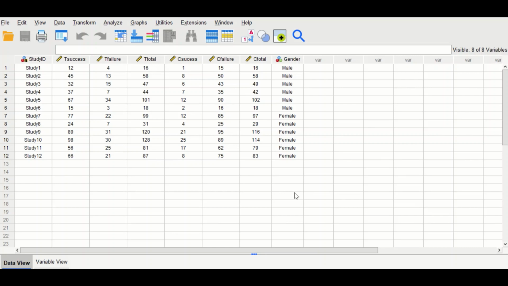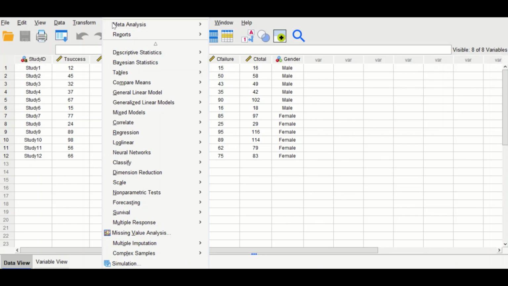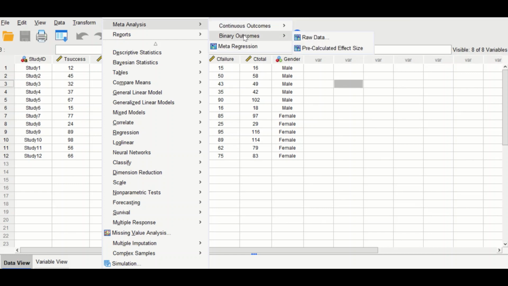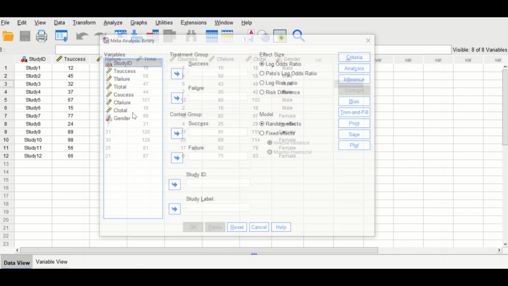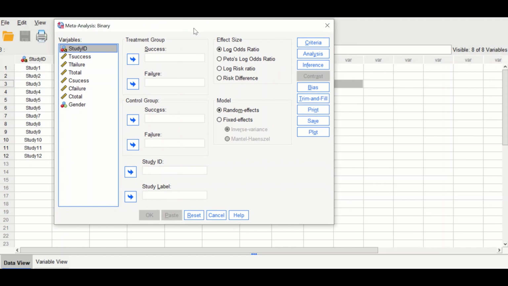The way to do the subgroup meta-analysis in SPSS: click on the Analyze section here, then choose the Meta-analysis option here, and since the outcome is binary, select Binary outcome and then click on Raw data, as we have raw data here.